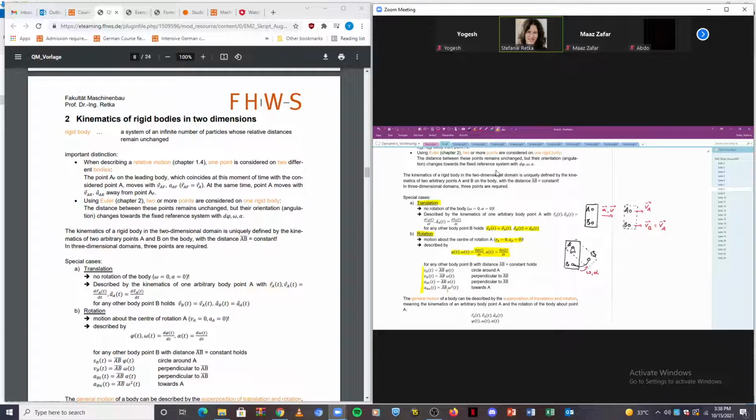These are vectors, and they point in the same direction as in chapter 1, of course. Velocity is tangential on the path, tangential acceleration is tangential on the path, and the normal acceleration points towards the center of the circular path, which is point A in our case.